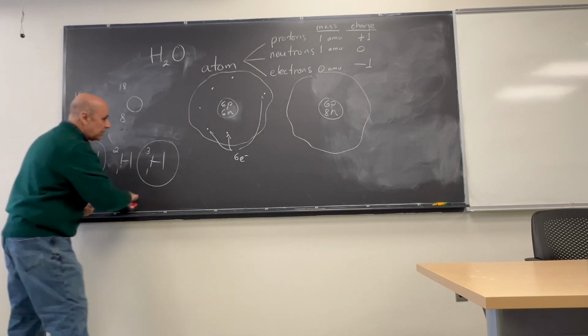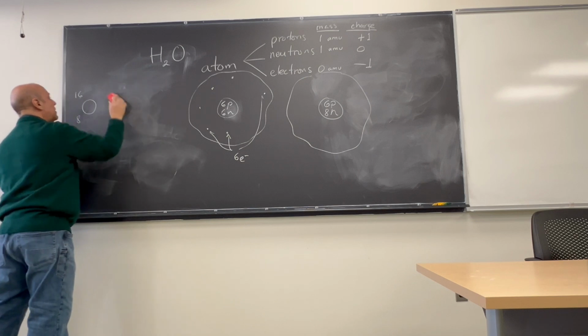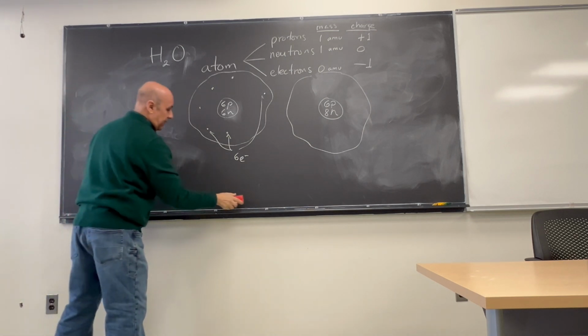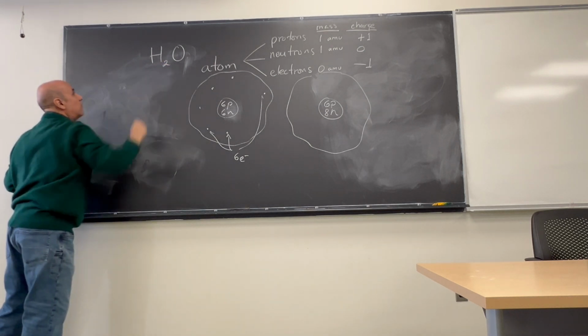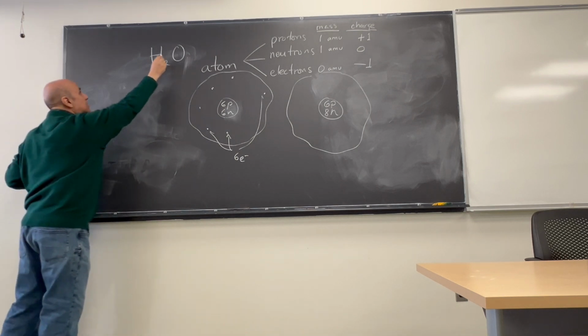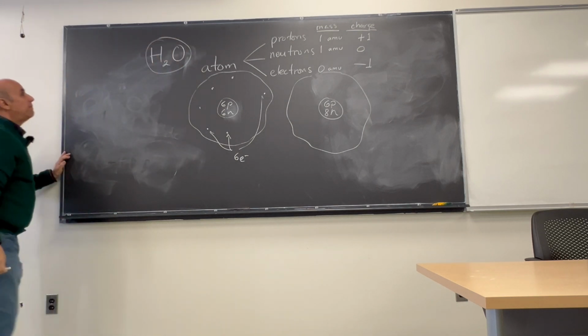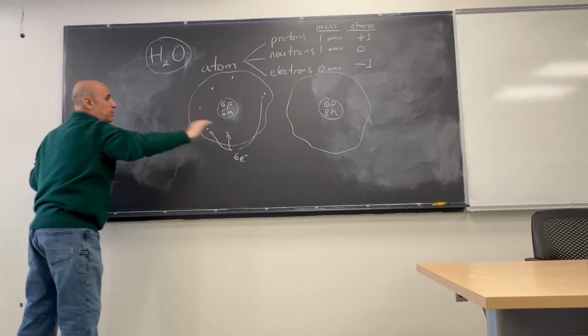Now with that in mind, we can write the symbol of any element and know how many protons and how many neutrons we have. But I haven't mentioned the electron. And the electron is actually responsible for making elements happy or unhappy. Let me start simply. We're going to go to water, because water is a good example to learn about the happiness of elements. In this symbol of water, the little numbers on the bottom do not represent number of protons or number of neutrons.